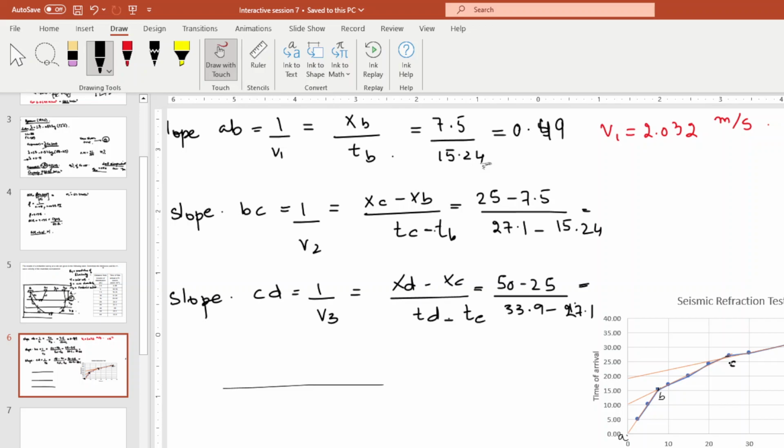That is how we sketch graphs in class. You remember we get the values and then we interpolate between two values. Okay. So how much is V2?